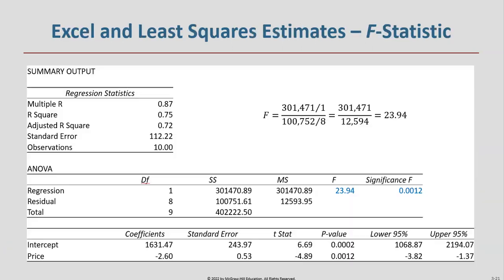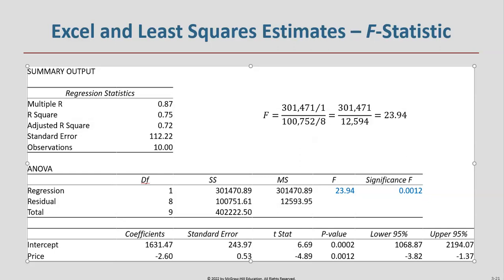But we can just use the Excel output, and our F statistic of 23.94 is significant at least at the 95% confidence level, because our p-value, the significance F, is lower than 0.05. Then our F value is equal to the MS for the regression divided by the MS for the residual. Those two numbers are here, and in the first entry, I've shown how that's calculated, and that's equal to 24. So we've got a good model.